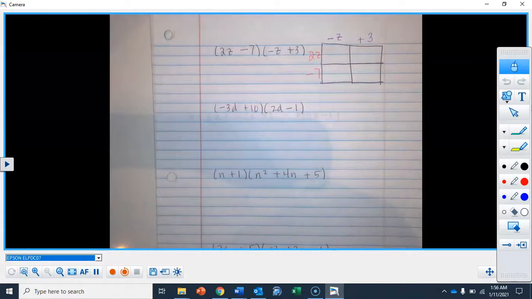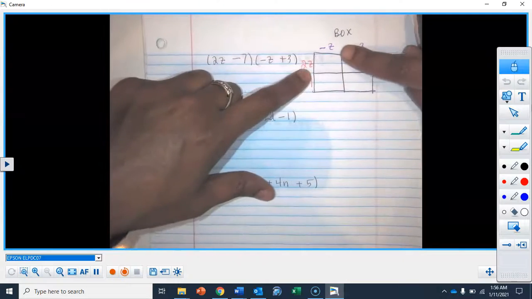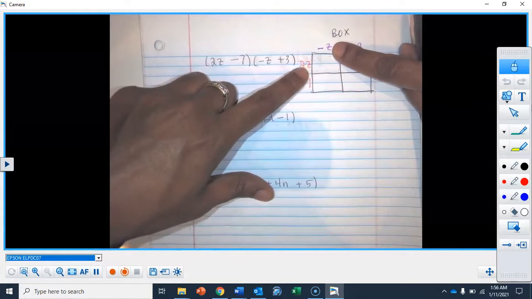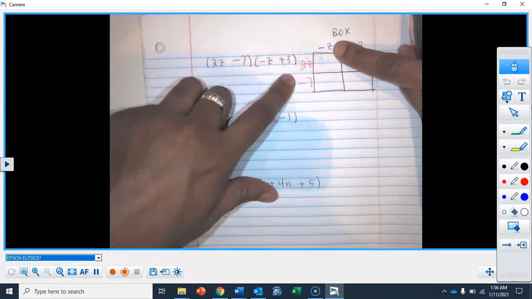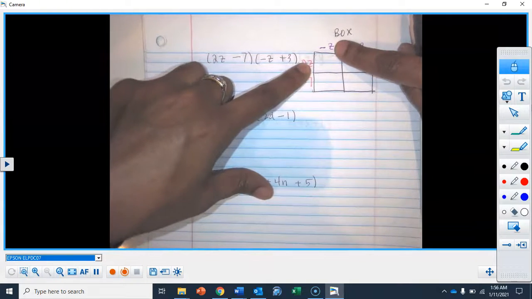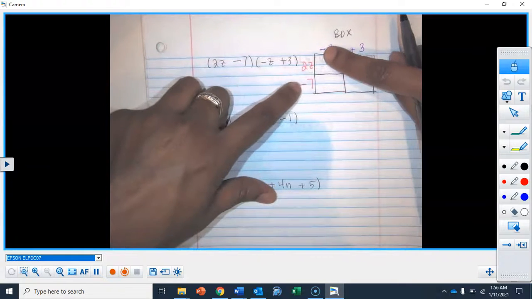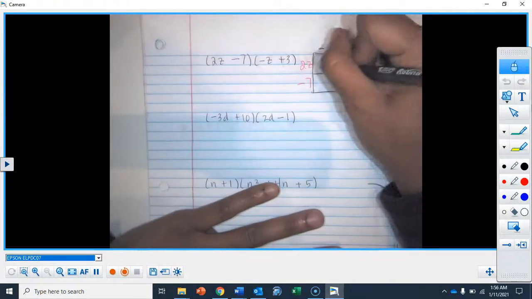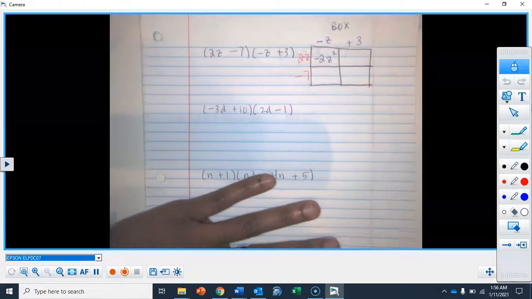And what I'm doing on the box method is I'm saying to myself, put your finger and just say 2z being multiplied, because we are doing product, multiplication. So 2z times negative z is going to make, again, negative 1 times 2 is negative 2. Z times z is z squared.